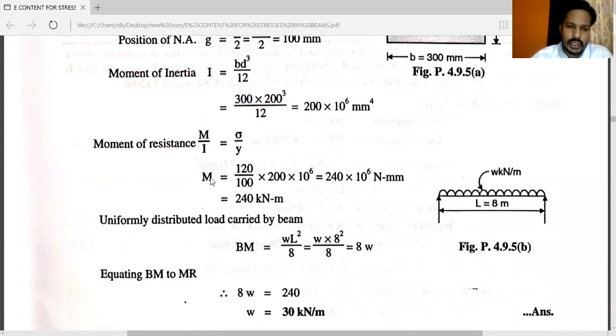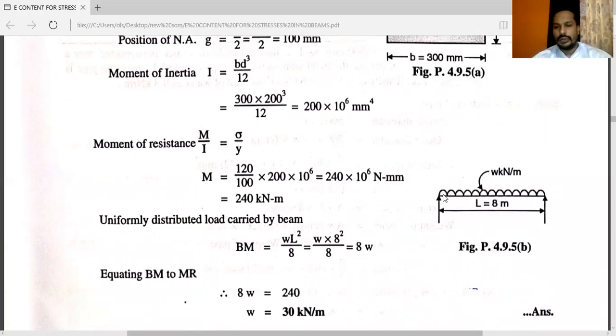So M is equal to 120 upon 100, where 120 is the stress and 100 mm is the y, into the value of I, that is 200 into 10 raised to 6. So moment of resistance is equal to 240 into 10 raised to 6 Newton mm. So M is equal to 240 kilonewton meter. That is the moment of resistance. You can see here the value of M.